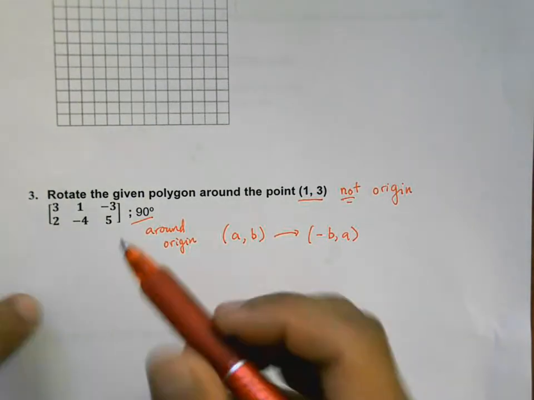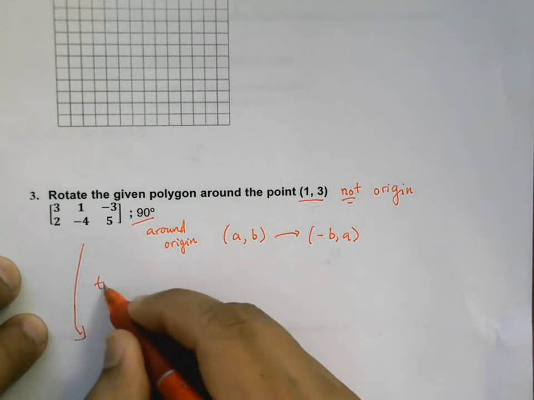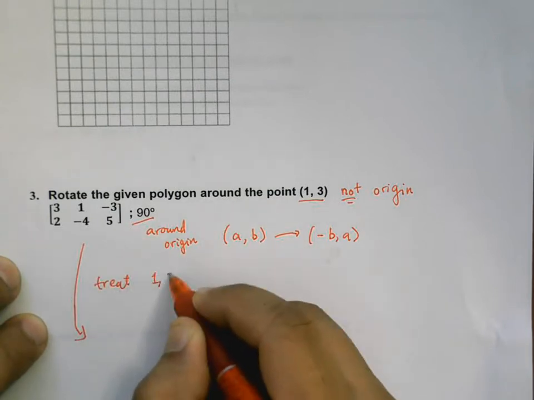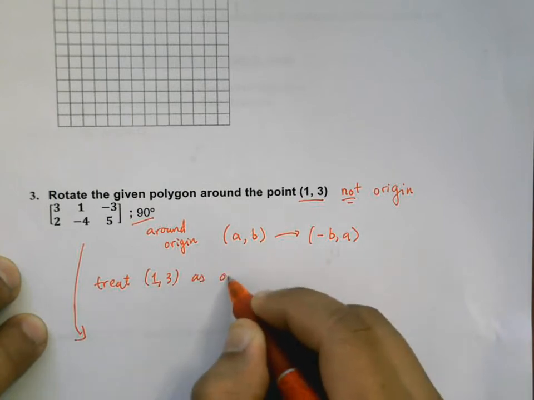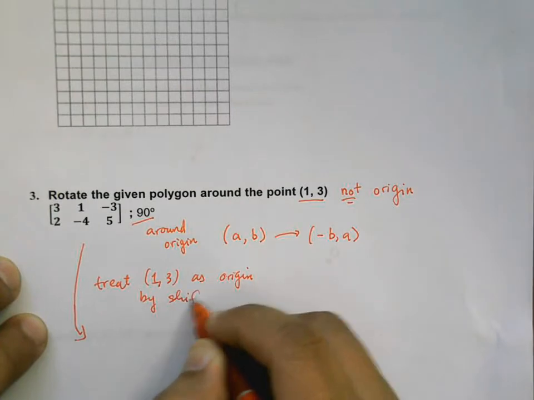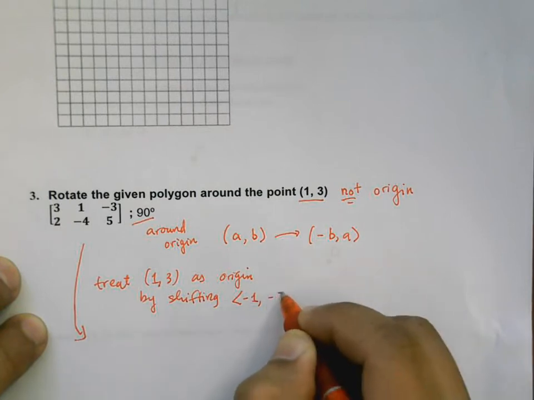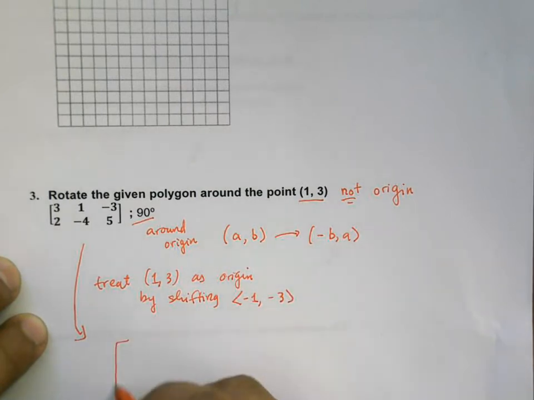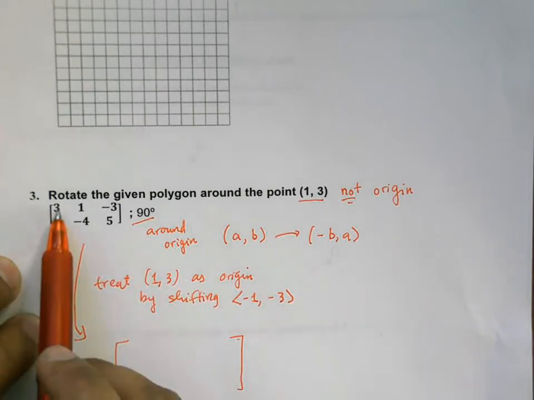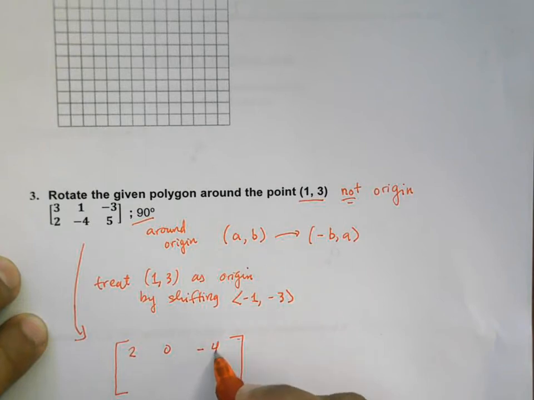So we start out by using this method, and what we're going to do is treat (1, 3) as the origin by shifting 1 to the left and down 3. So my image matrix now becomes just subtracting 1 from all the numbers on the top: 2, 0, -4.